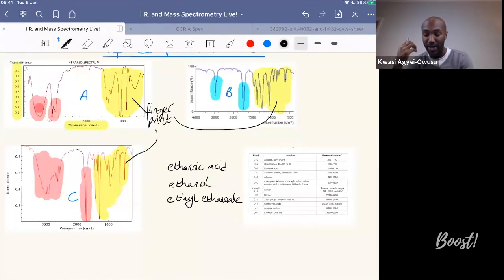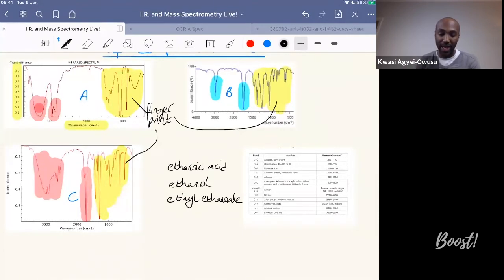We're told that in no particular order, we've got ethanoic acid, we've got ethanol, and we've got ethyl ethanoate. So we've got a carboxylic acid, we've got an alcohol, and we've got an ester. So how do we use infrared spectroscopy to identify each of these three molecules?